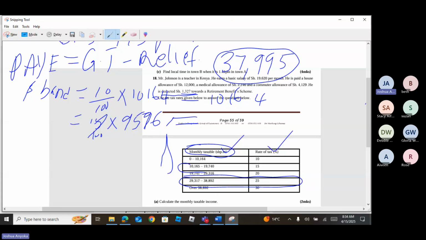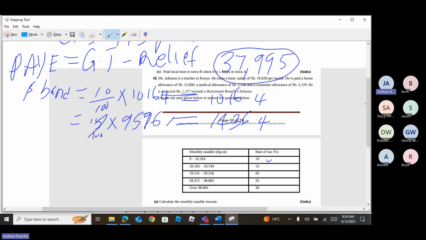What do you get? 1,436.4. We go to the third band. We are done with the first band and second band.